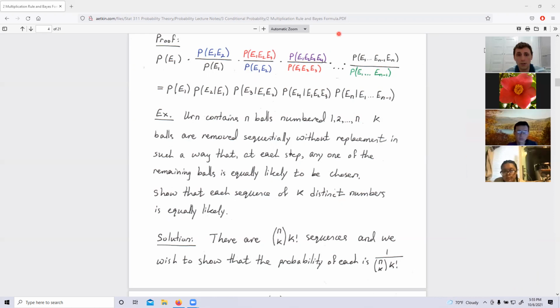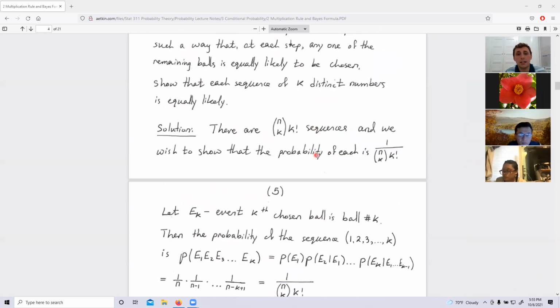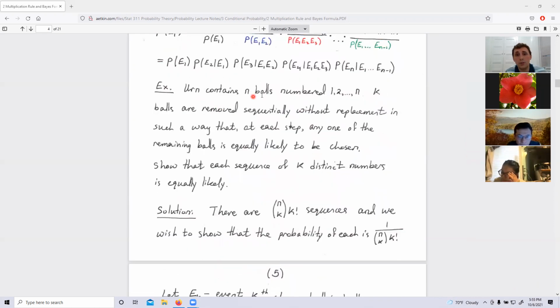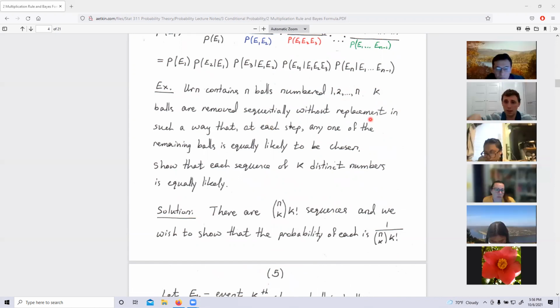Okay, so the idea is that I want to know the probability of drawing balls 1 all the way to n. And out of them, we want to draw k balls sequentially without replacement. And we want to show that at each step, each of the next balls withdrawn is equally likely to be the one picked out. So you see there is a slight difference from what we did before.